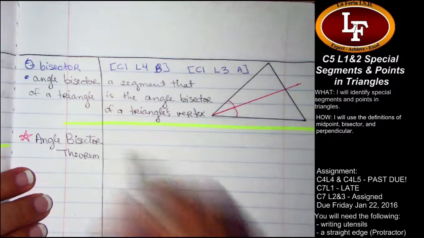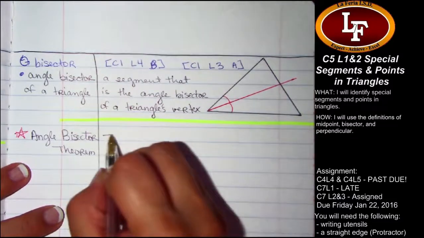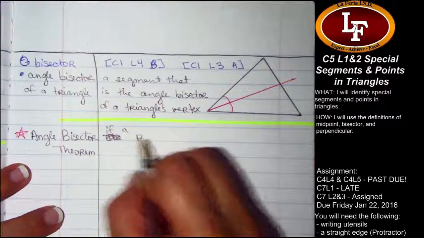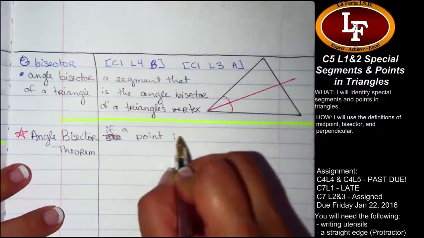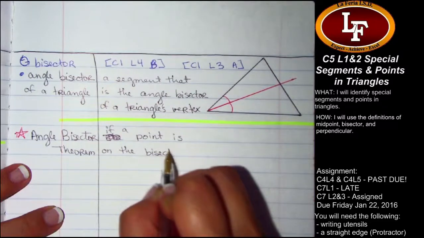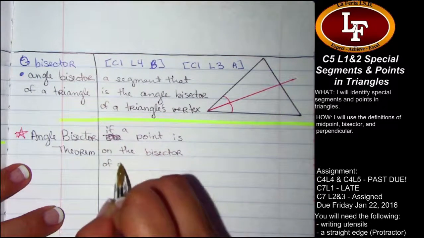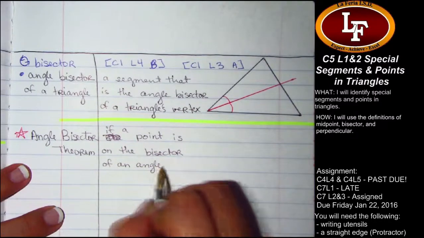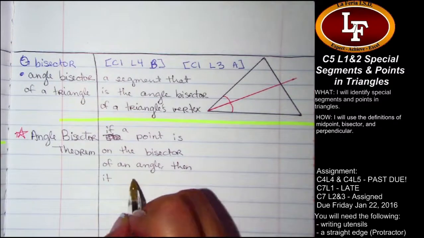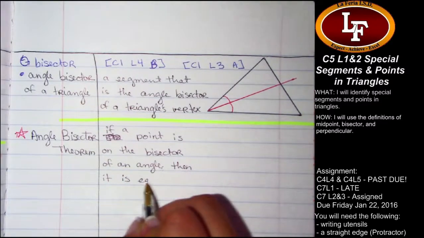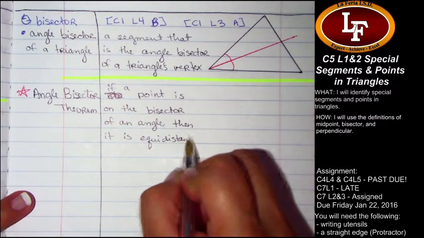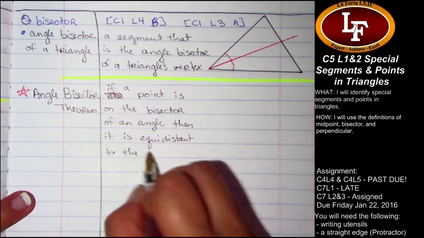And it says this: if a point is on the bisector of an angle, then the point we're talking about is equidistant to the sides of the angle.